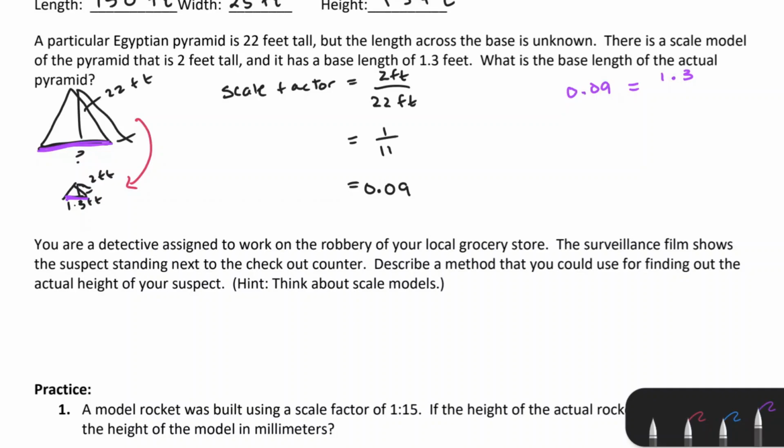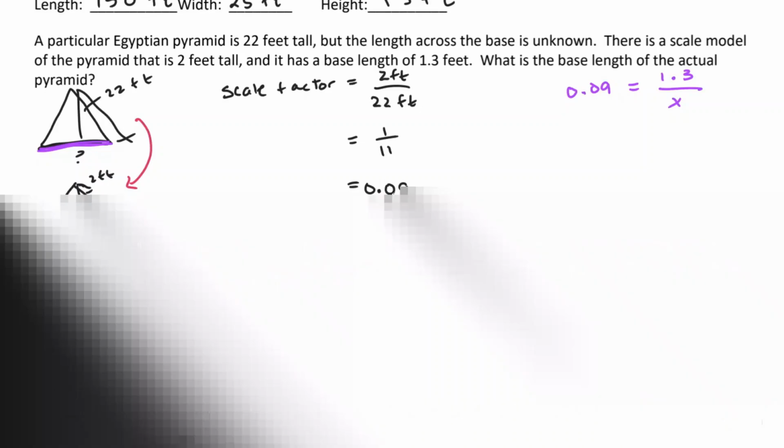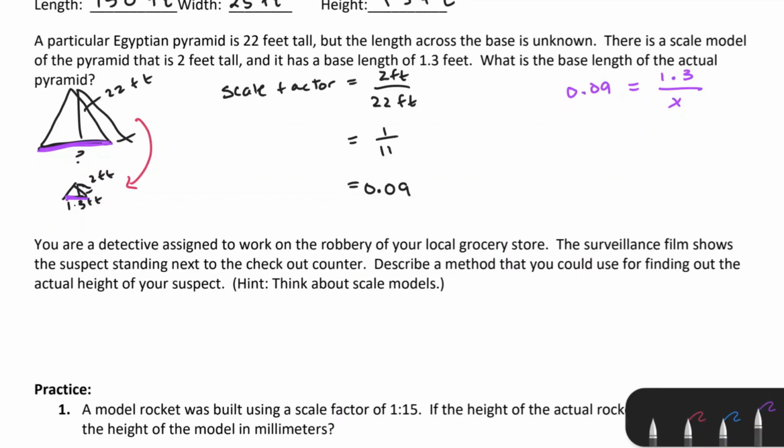That scale factor only accounts for going from the real pyramid to the model. So in this case, my unknown, the width of the real thing, is my x on the denominator. So how can I isolate x when it's on the denominator? Well, my first step, I usually like to multiply the x out of the denominator. So I have 0.09x equals 1.3.